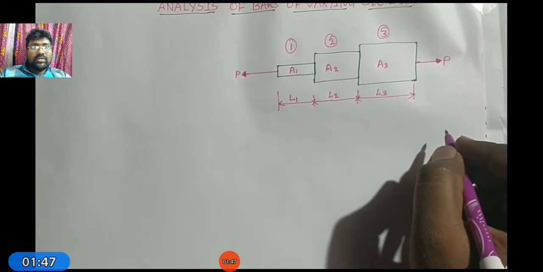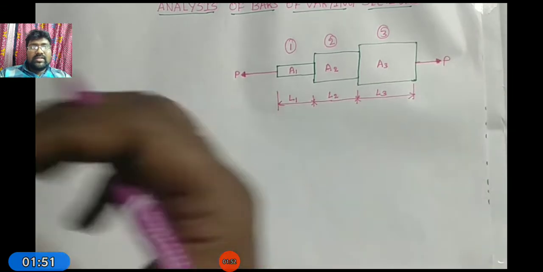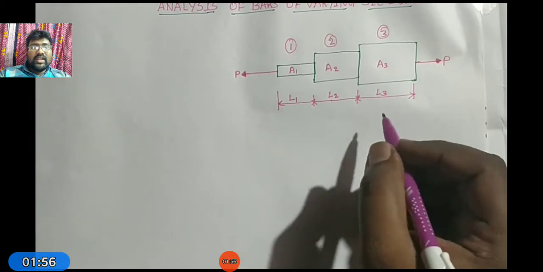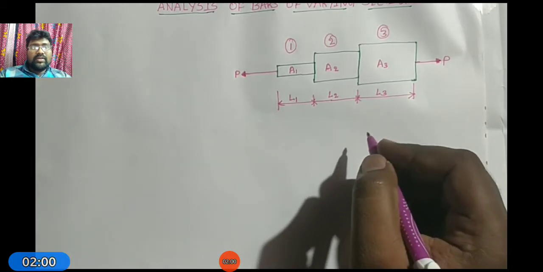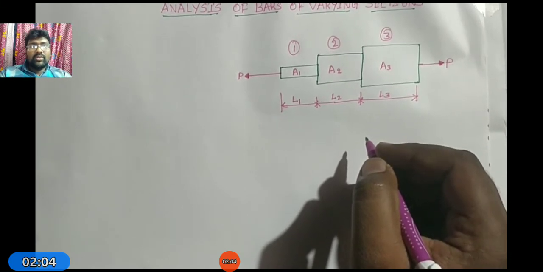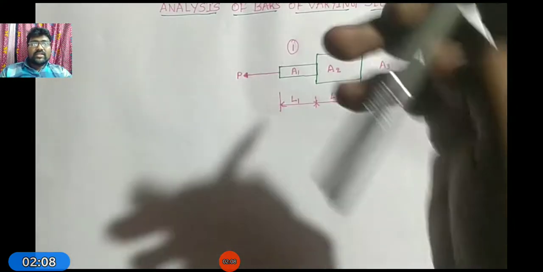Next, we need to calculate stresses, strains and change in length in a body. Previously, for a uniform cross section subjected to axial load, the same stress and strain develop.